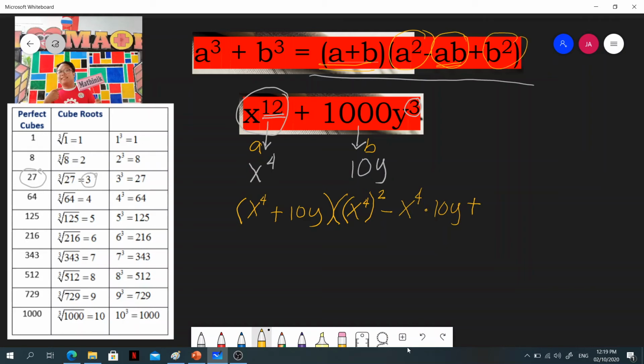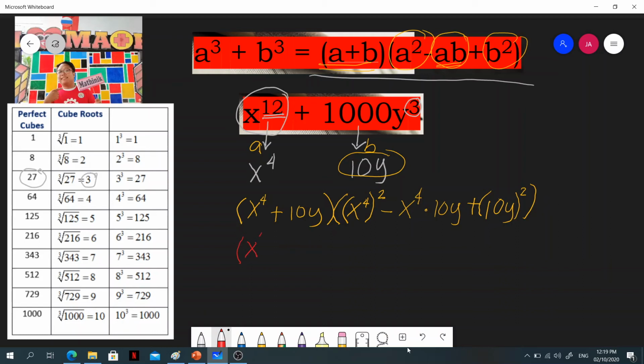Ano yung B natin? Ito. Okay, so 10y tapos squared daw natin. Okay, kapag na-plot na natin, again, what we're going to do next, we're going to simplify them.